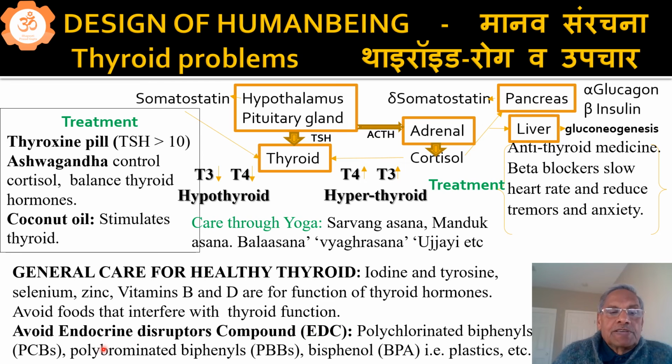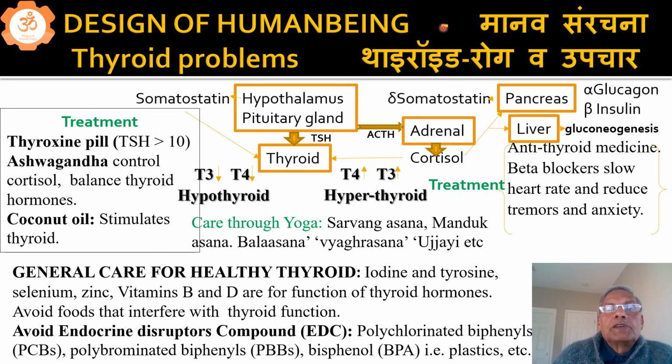Now I was talking about avoiding endocrine disruptor compounds and where they are found. Polychlorinated biphenyls, that is PCBs, polybrominated biphenyls, PBB, bisphenol, plastics. We are using plastics, and these plastics disturb our thyroid.